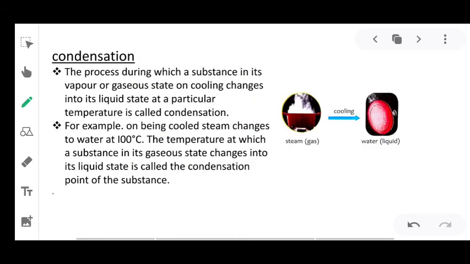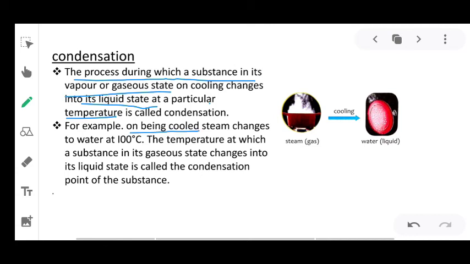Okay, now condensation. The process during which a substance in its vapor or gaseous state on cooling changes into liquid state at a particular temperature is called condensation. Okay, so the process in which a substance changes its gaseous state to liquid state is called condensation.